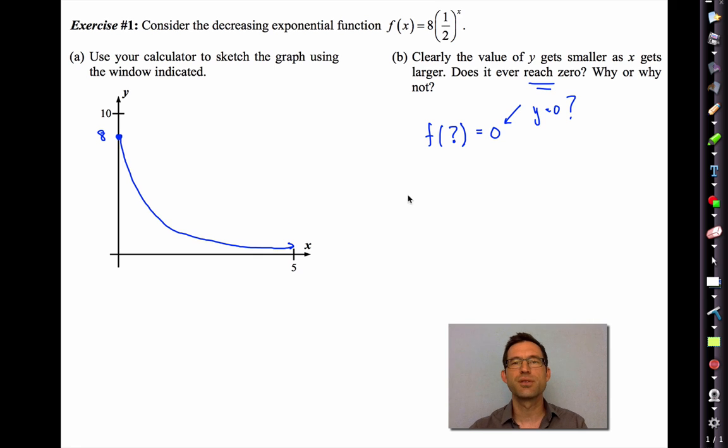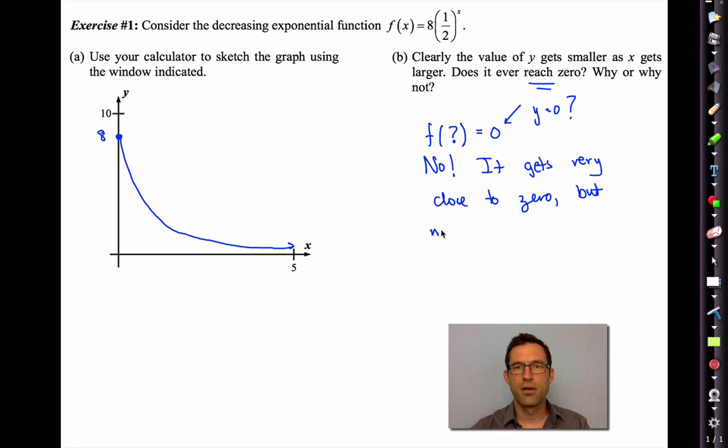And the answer is no. It gets very close to 0, but never reaches it. Because we always multiply by 1/2.